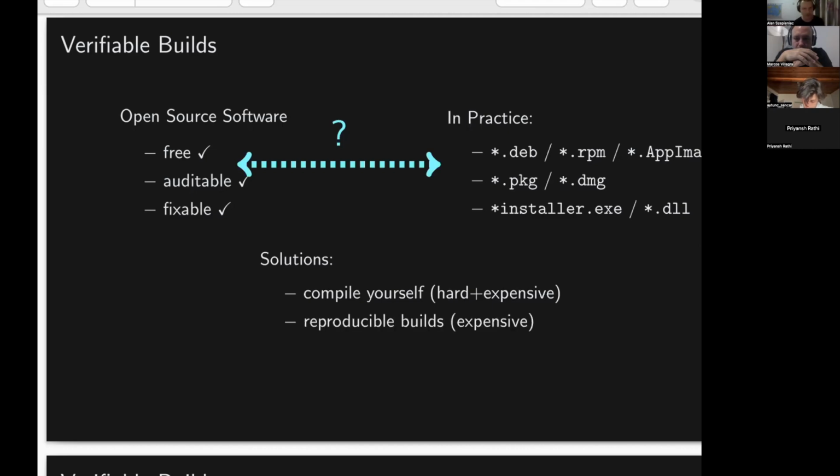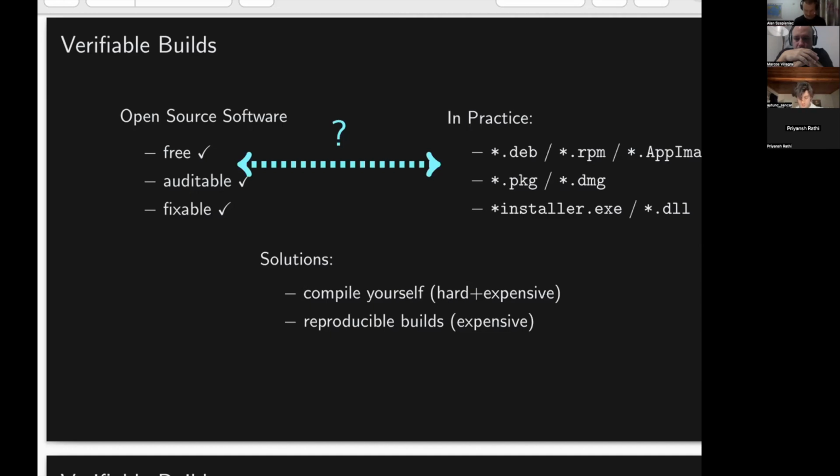With Bitcoin and Tor, they are using reproducible builds. So when you download the software, the packaged version is there, part of the software, and you can install that right away, but you can also verify that this packaged version is exactly the same as what you will get when you compile it yourself.